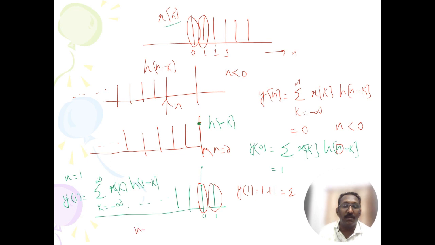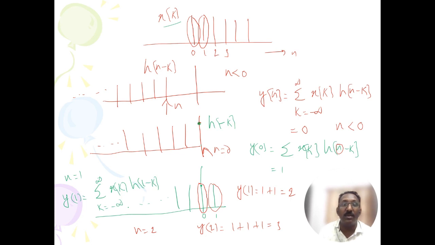Similarly, for n equal to 2, you will get one more sample. So y of 2 becomes 1 plus 1 plus 1, you will get 3, and so on. As the n value increases, output increases.